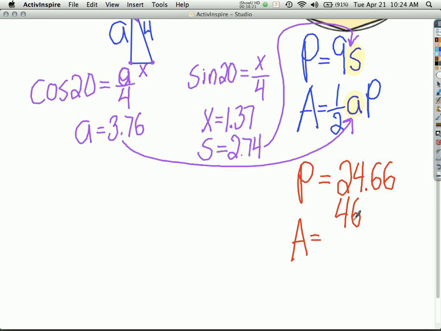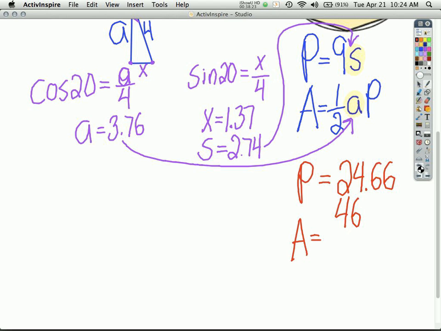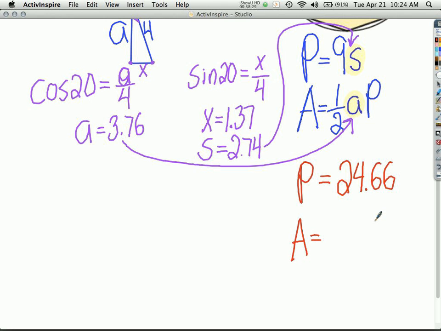That was the area. Oh, okay, so I'm confused. So we're on perimeter. Did you get 24.66? Yeah. Okay, Matthew, what'd you get for the area? 46.36. So you propose 46.36. Agree or disagree? What do you think? Valerie, you agree? Yep.